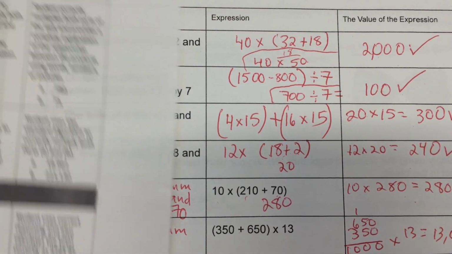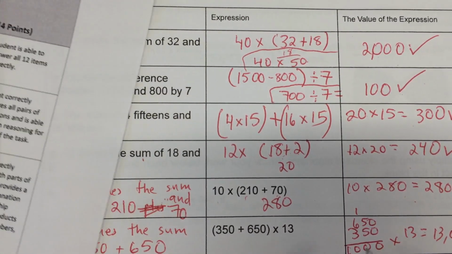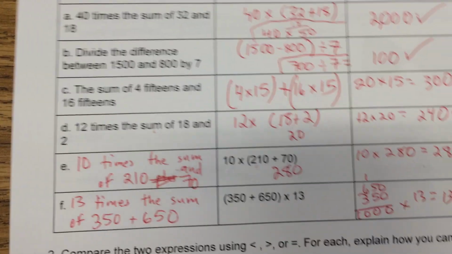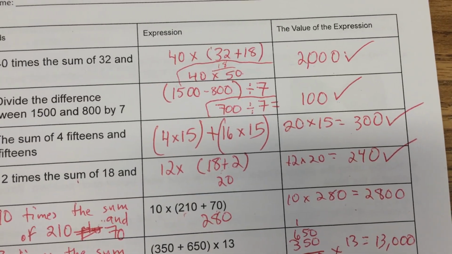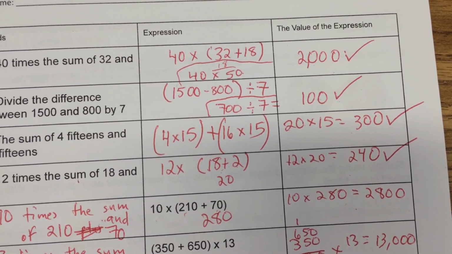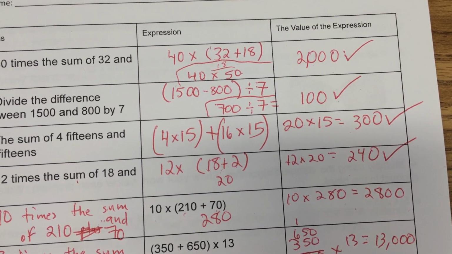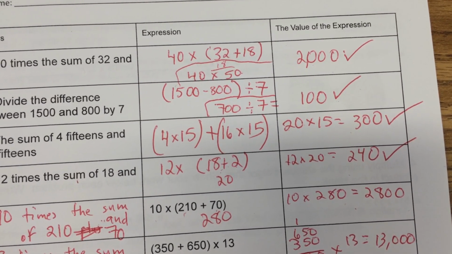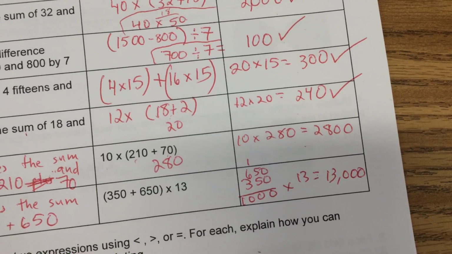So if you get 1 to 3 of those correct, you only get 25%. You get 1 out of 4. If you get 4 to 7 items correct, you get 50%. If you get 8 to 11 items correct, you get 75%. And then if you get all 12 items correct, you get 100%.